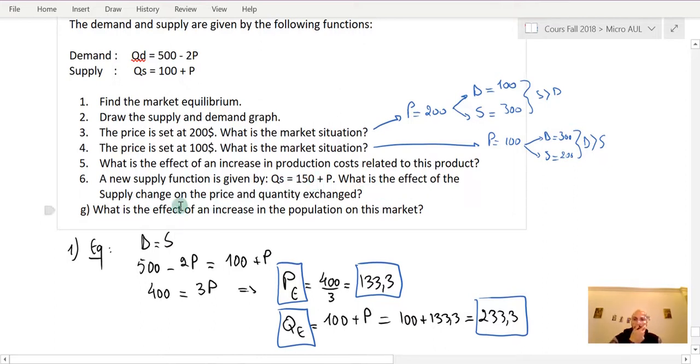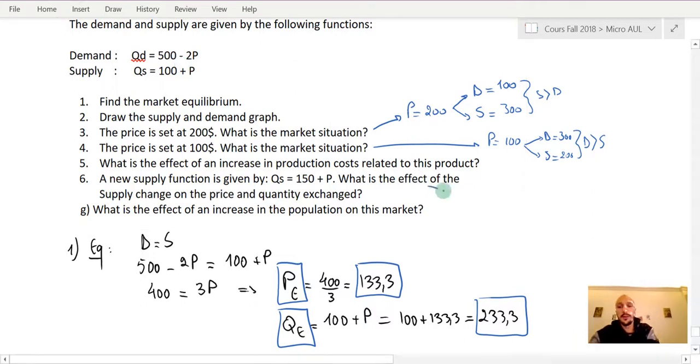A new supply function is given. What is the effect of the supply change on the price etc.? So please take this QS, put it in place of the old QS and see what happens. I won't redo it because it's close to what we have already done.